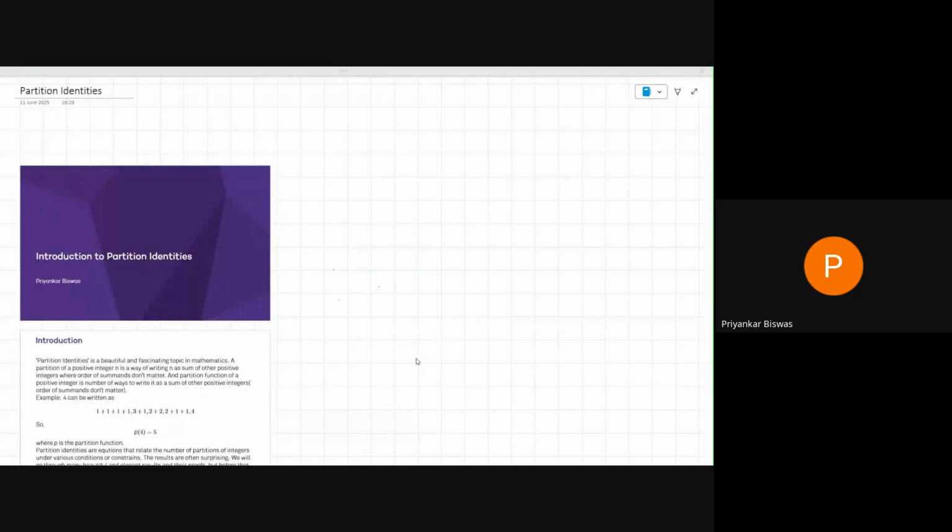Can you try sharing your screen once? Okay. I will zoom in a bit.